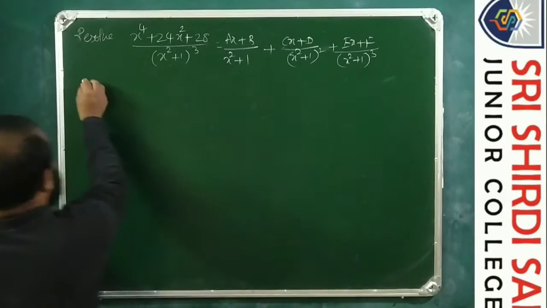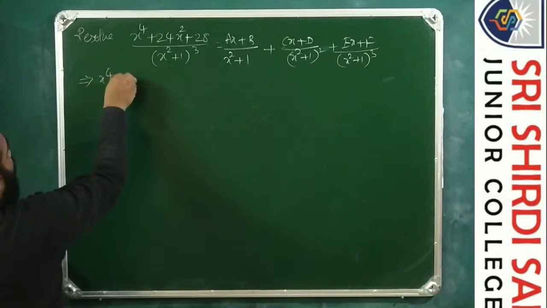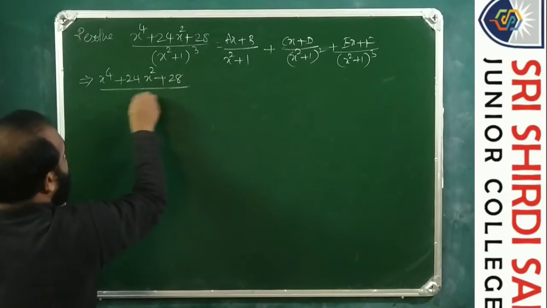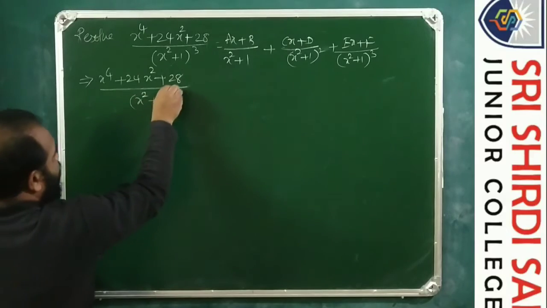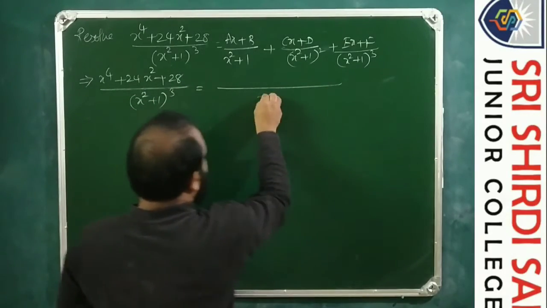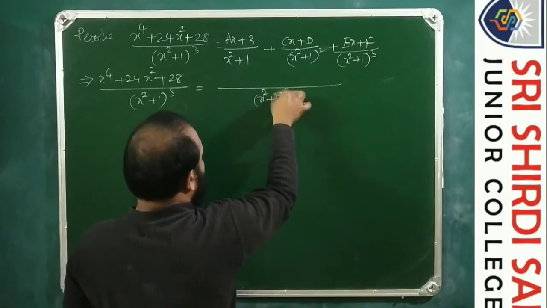So x power 4 plus 24x square plus 28 by x square plus 1 whole cube is equal to, the LCM is x square plus 1 whole cube.